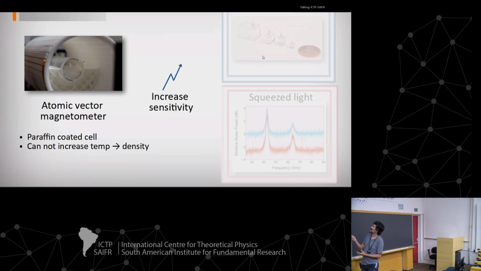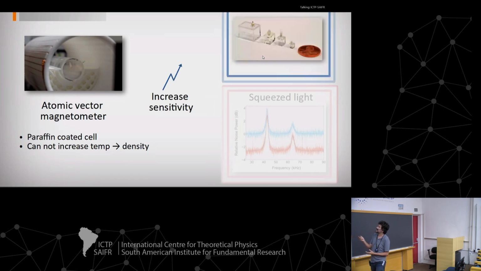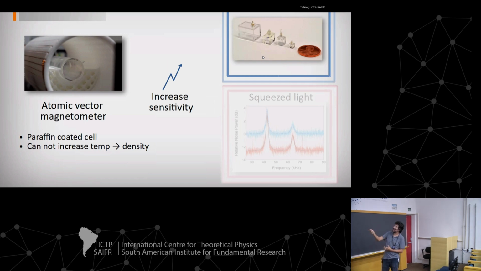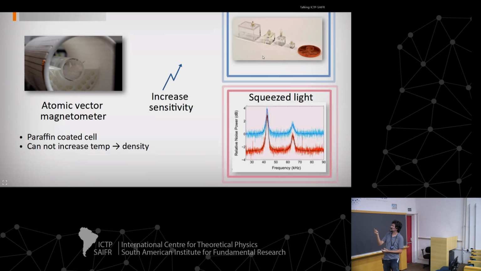Either work on the magnetic sensor, and in this sense, it means that we want to reduce the size of the sensor. Instead of using large vapor cells like this, really work with vapor cells of 5 millimeters or 3 millimeters like in this one. And also the idea is to work with microfabricated vapor cells. But the other strategy is to use a different kind of light source to probe the magnetometer.